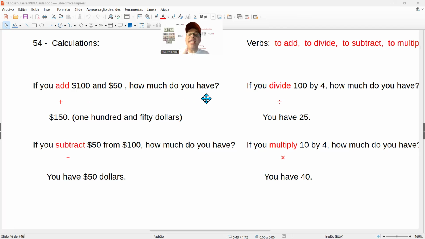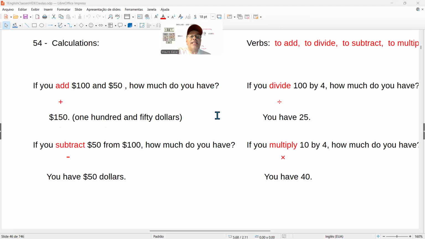Perfect. Now the answer. If you add $100 and $50, how much do you have? You have $150. Perfect. Agora eu pergunto e vocês respondem.